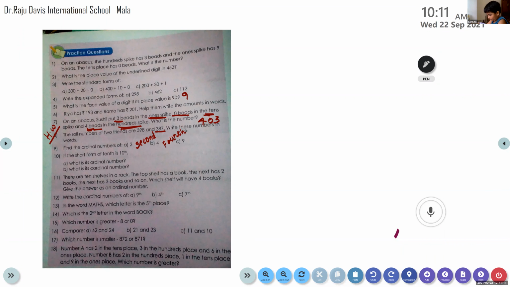Yes, you have to write the answer. Now, what about 9? What is the ordinal number for 9? Ninth. Yes. N-I-N-T-H. Please complete it fast.